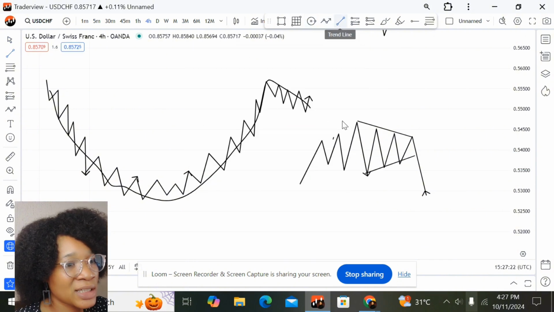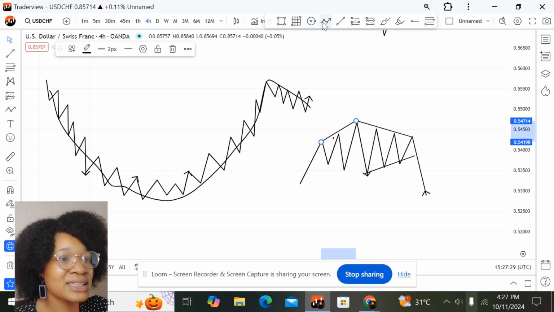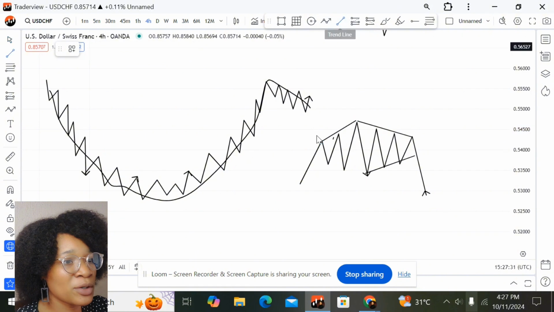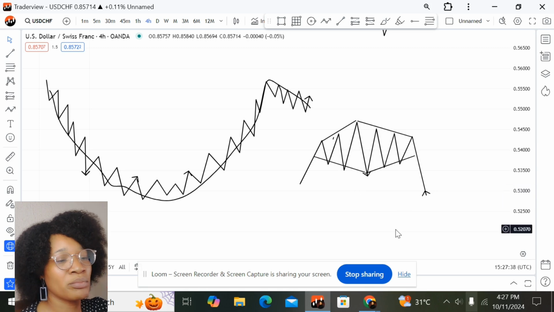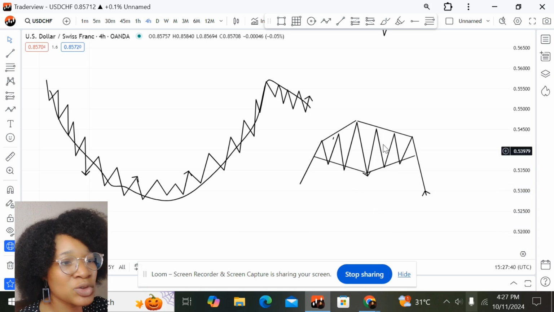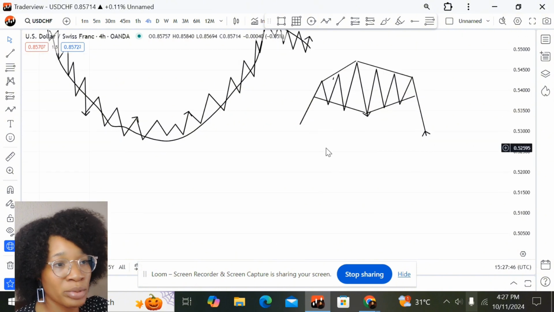Price wants to change the direction it is moving. If it is in an uptrend, it is a diamond top. But if you find this kind of thing in a downtrend, it is a diamond bottom. So this is a diamond top. If you find the inverse of this on your chart, it is a diamond bottom.